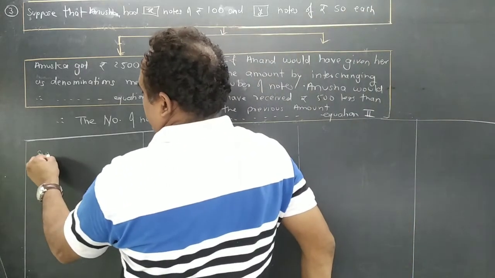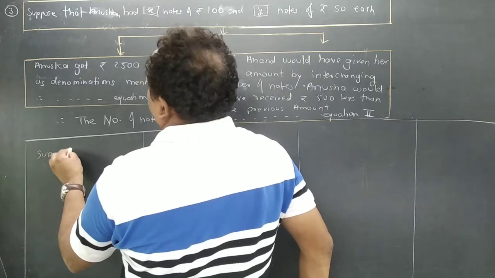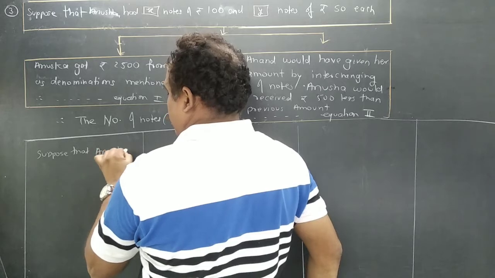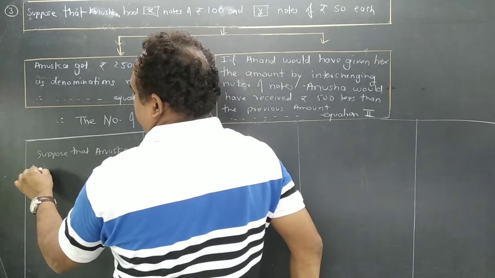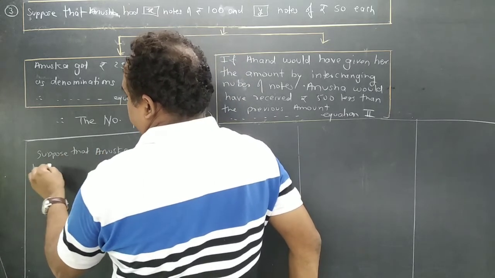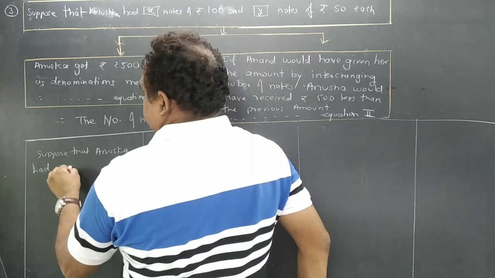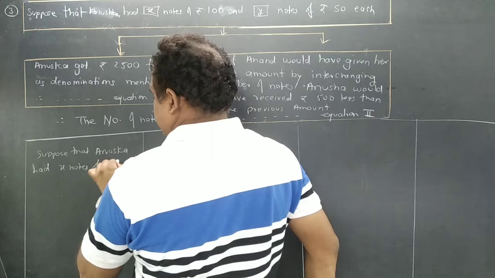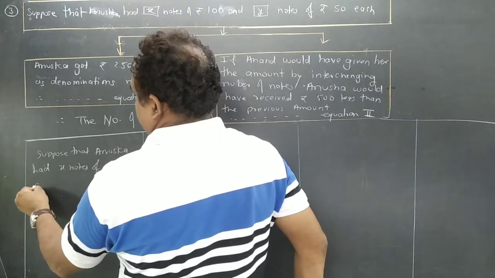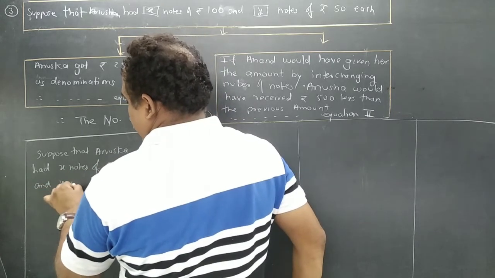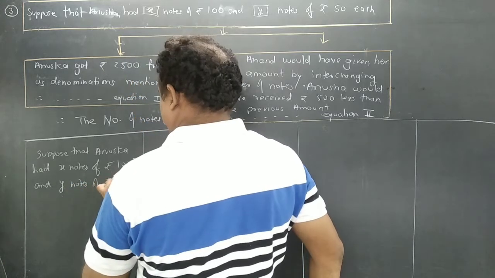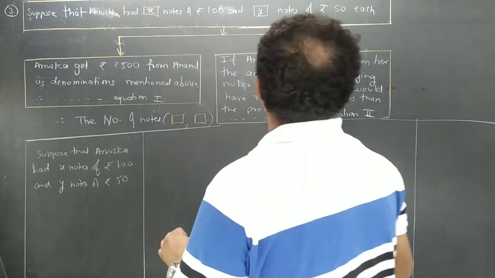Suppose that Anushka had X notes of rupees 100 and Y notes of rupees 50 each.